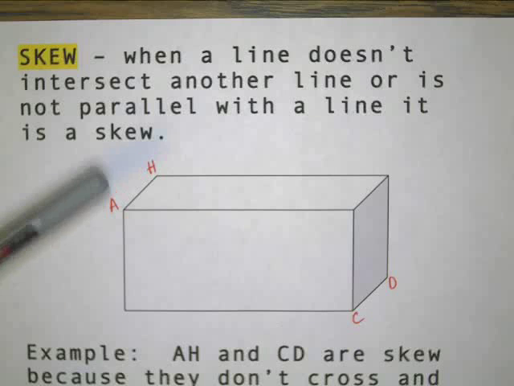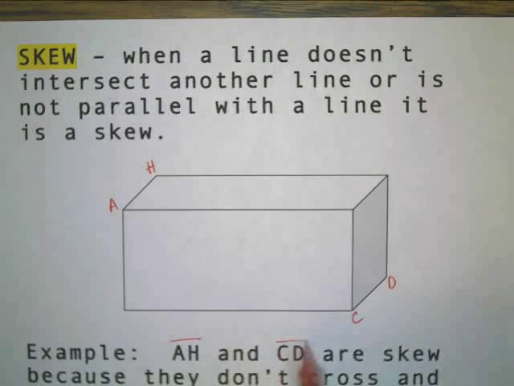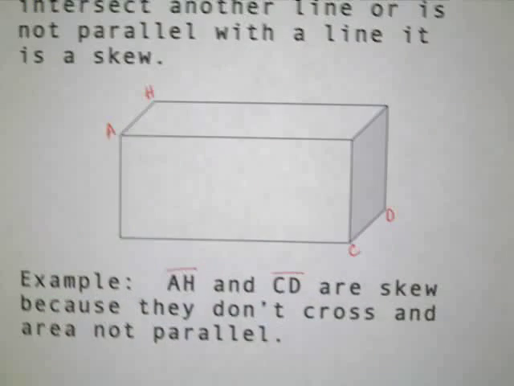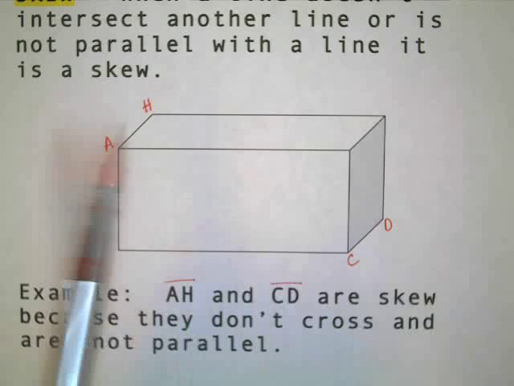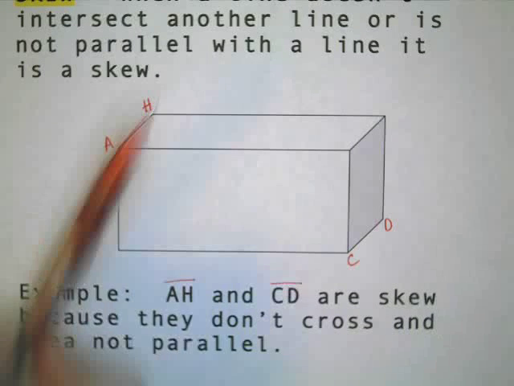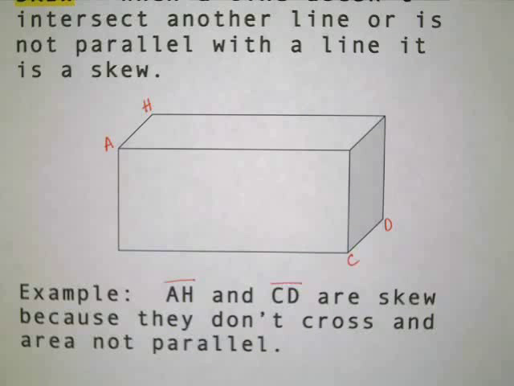So line segment AH and line segment CD are skew because they never cross each other, they never meet up, and they're not parallel, right? Does that make sense? Because that's one of the parts of the assignment, to say if it's a skew, if it's parallel, or if it intersects.